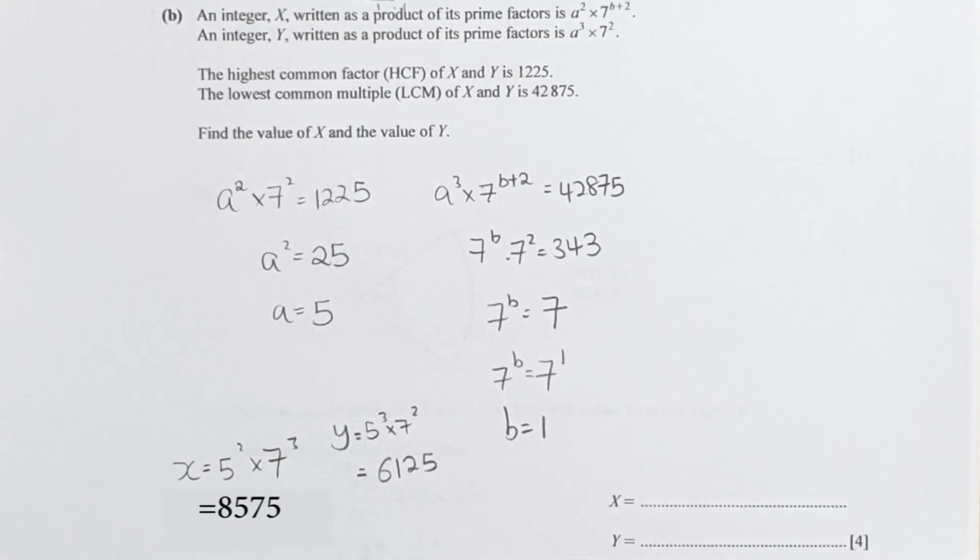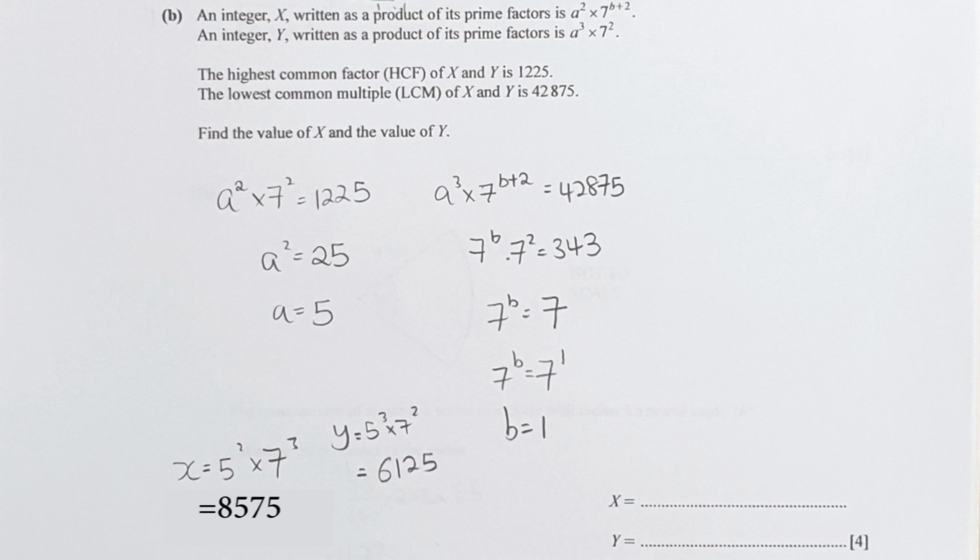Key thing about highest common factor is that you cannot continue the calculation after the numbers don't have the same variables that you can use to divide. So for HCF calculation, when I compare x and y, I would take a square only, which is the lesser value, and multiply with 7 to the power of 2.